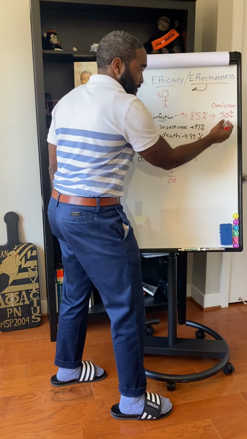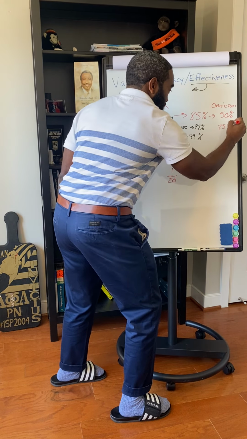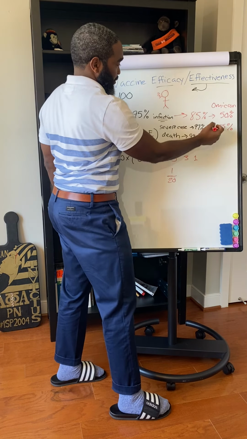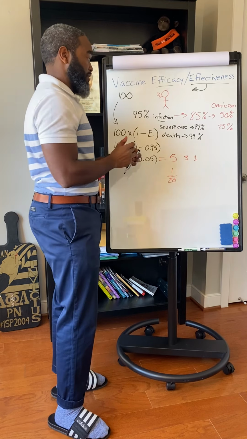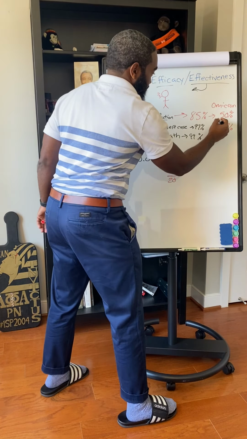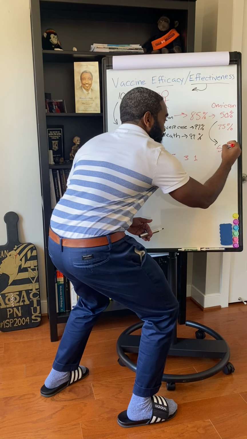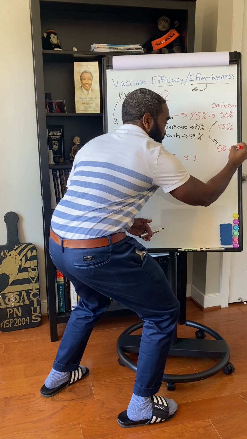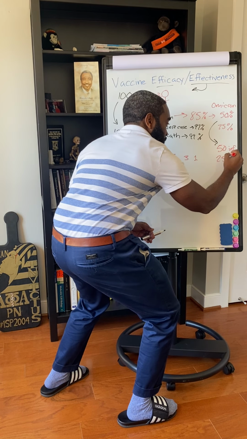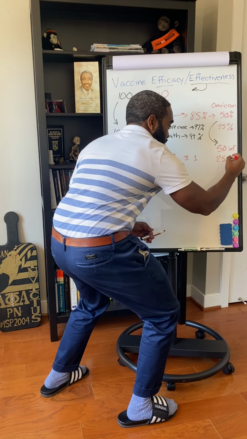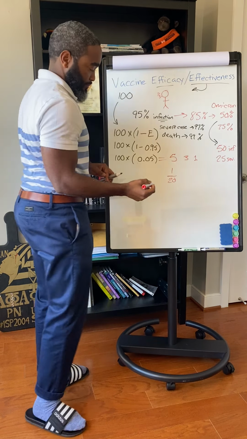So even if it was about 50% against infection, it's still about 75% effective against a severe case. If you look at the same math that we did here, that means under that worst case scenario, about 50 people of that 100 may get infected, but then only 25 would get sick enough to go to a hospital, would get a severe case.